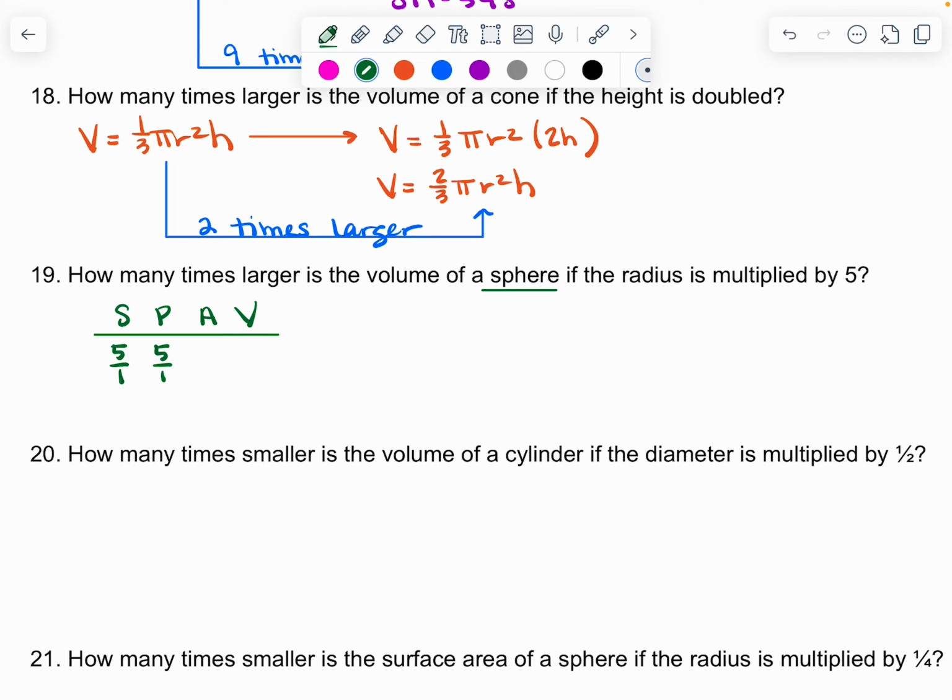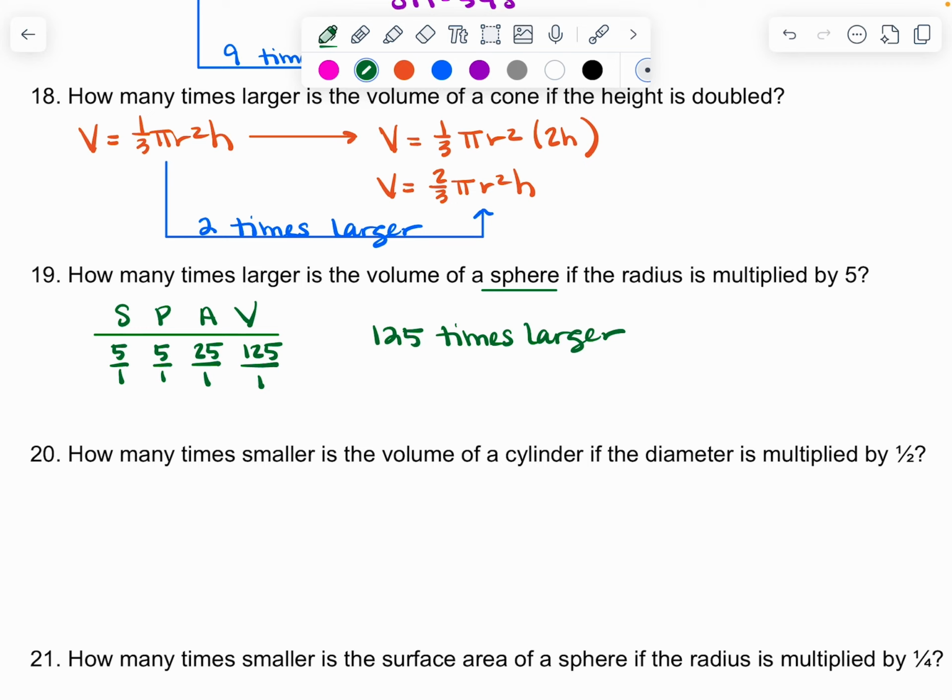If the radius is multiplied by 5, well, the radius is a one-dimensional measurement. So that means the perimeter is also 5:1. All the surface areas would be 25:1. And the volumes would all be 125:1. So how many times larger is it? It's 125 times larger.